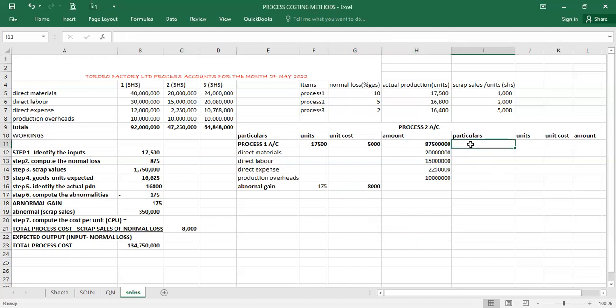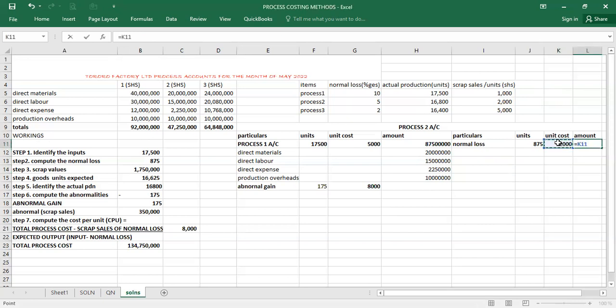Then we take this side, we first write the normal losses. The normal losses in units, we had 875, valued at 2000. From here, this is where I get the 2000. Then what will be the total?